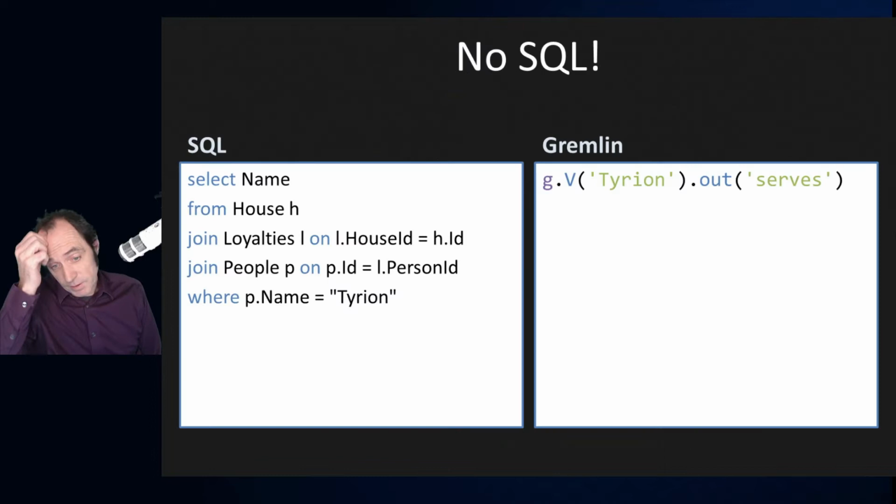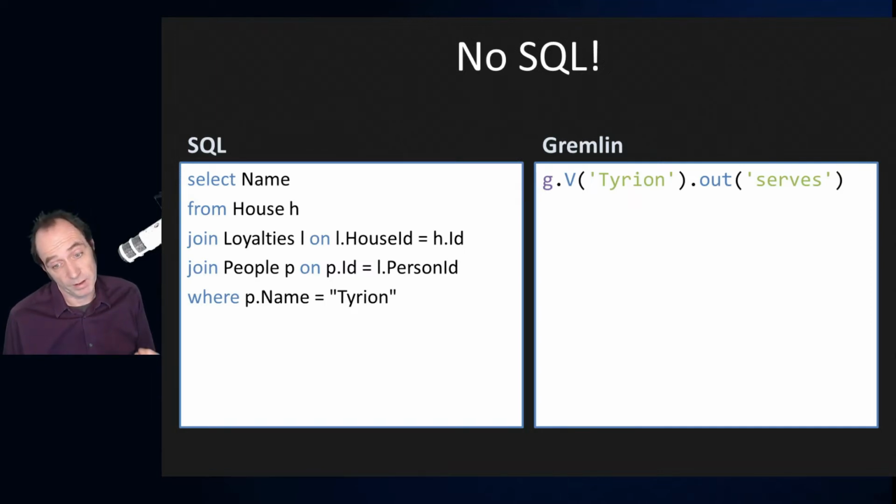Now, I really don't like the term NoSQL because NoSQL is really describing that a system does not support the SQL programming language. I prefer using non-relational. So think about the document database in Cosmos DB. It's a non-relational database, but we do use SQL to be able to query that. However, I do think NoSQL is appropriate when we're using the Gremlin API.